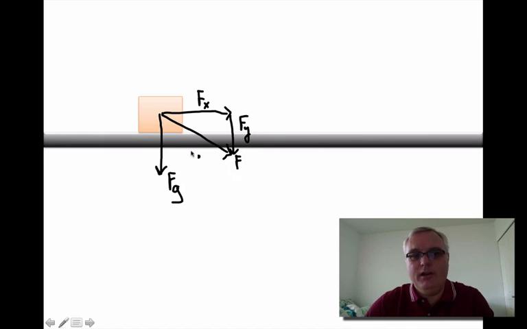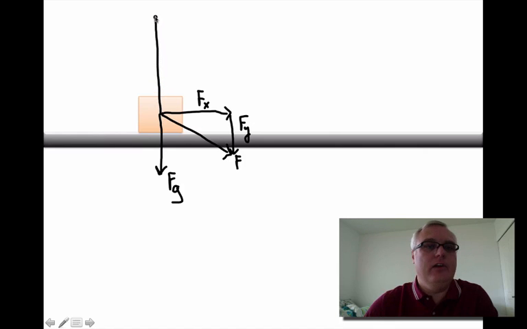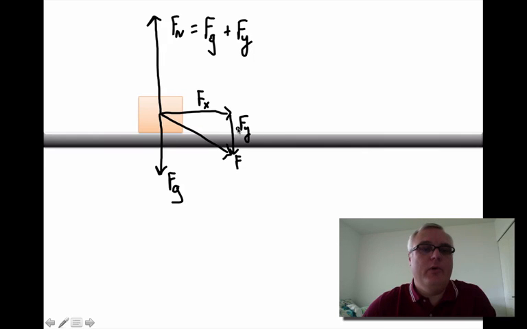I'm pushing the block into the surface, so the normal force now is a lot larger than it was before. And it's going to be the sum of Fg, the gravitational force, and this y component. So this force is equal to the sum of these two. And this, in effect, increases the amount of friction because we've increased the normal force. So now my friction force is larger as well.